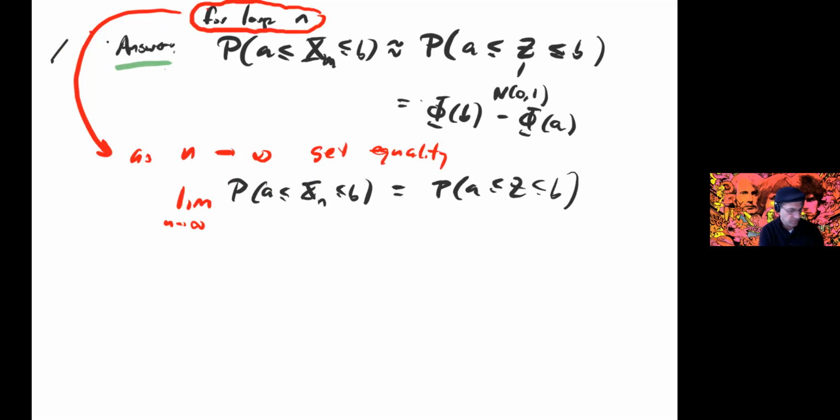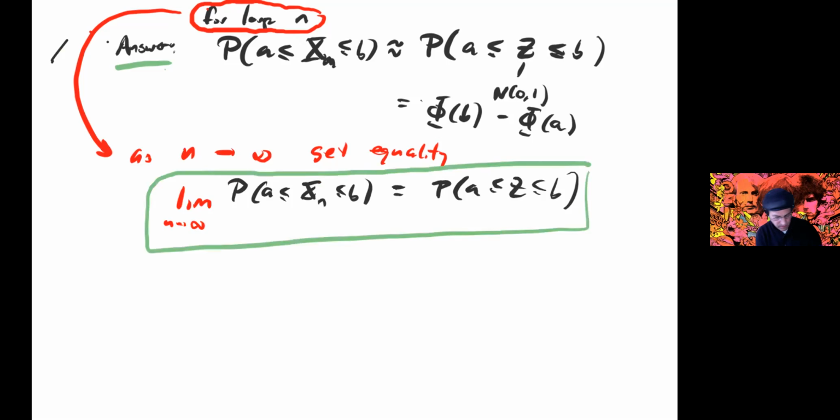For each n you get a different random variable, so you have X1, X2, X3, and so on. There's a limit of different random variables. Now, when is this a good approximation?